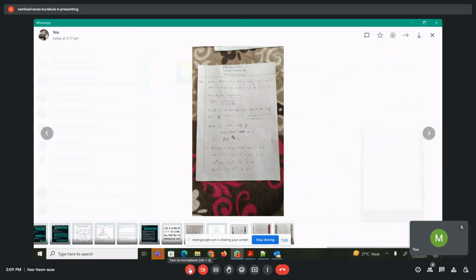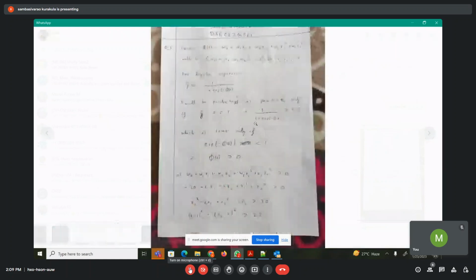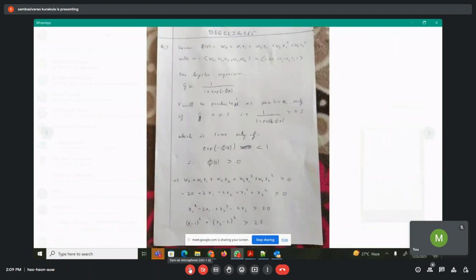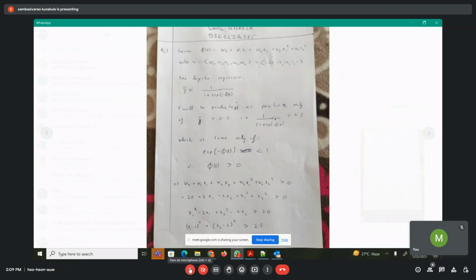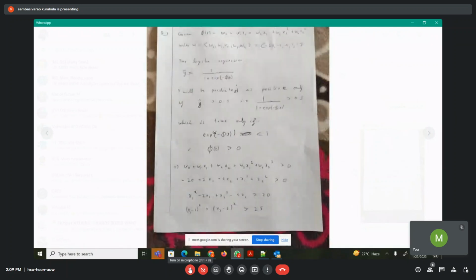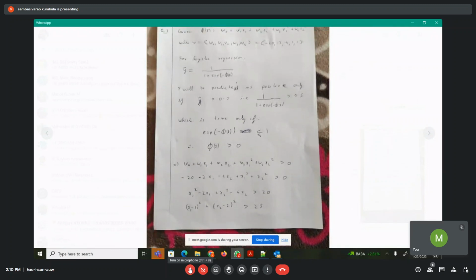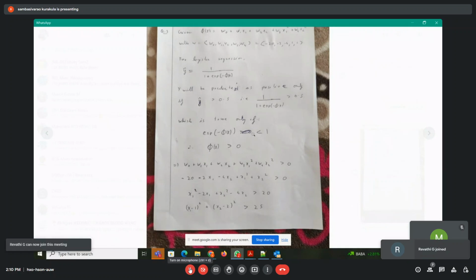You got this one? This is the only term deciding the probability, right? So for it to be greater than 0.5, the exponent of minus theta x should always be less than 1. If this is understood, everything else in the question can be understood.